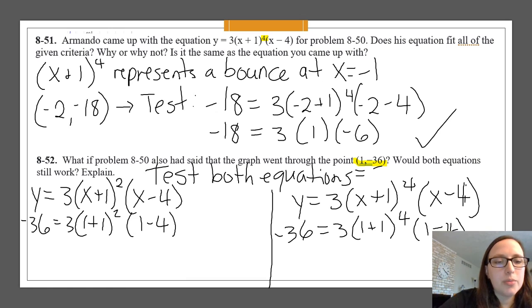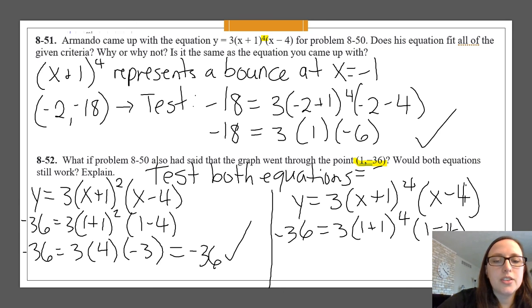All right, so over here, 1 plus 1 is 2. 2 squared is 4. One minus 4 is -3. When we multiply all this out, it would give us -36. So our equation does work for that point.